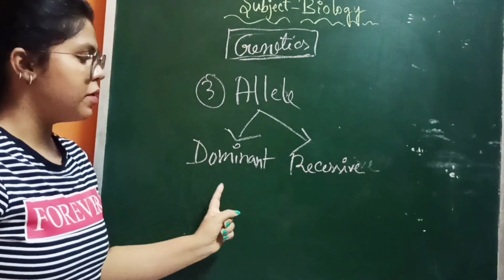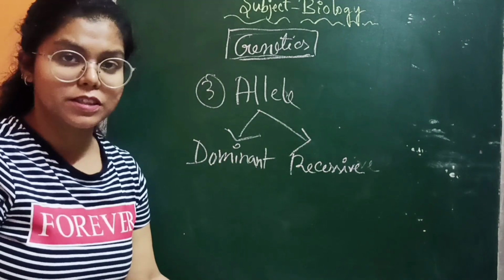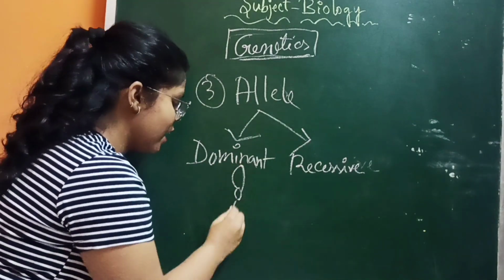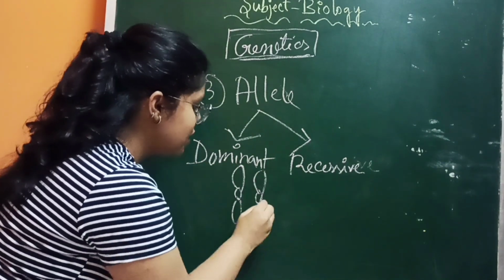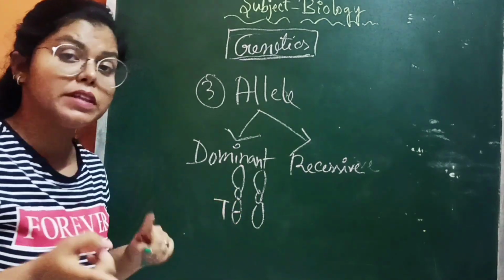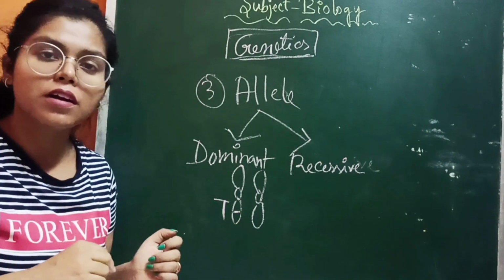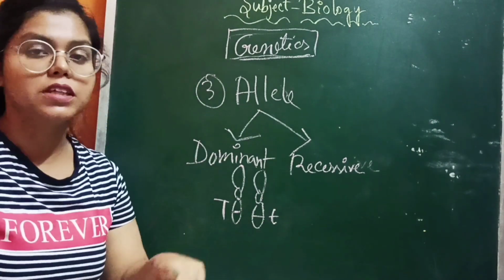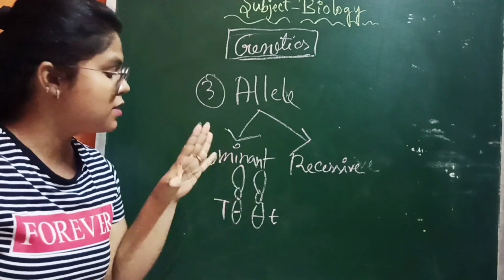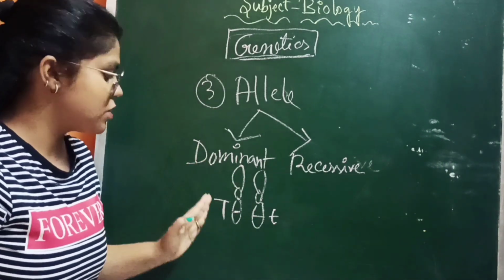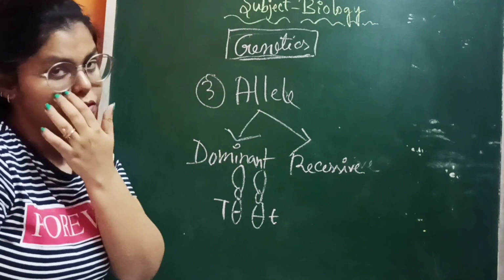I have already drawn the dominant and the recessive allele. The dominant allele is denoted by capital T, and small t stands for the recessive allele. Suppose this is an example: this is dominant and this is recessive.